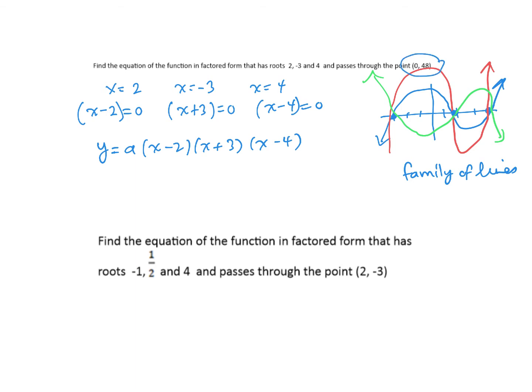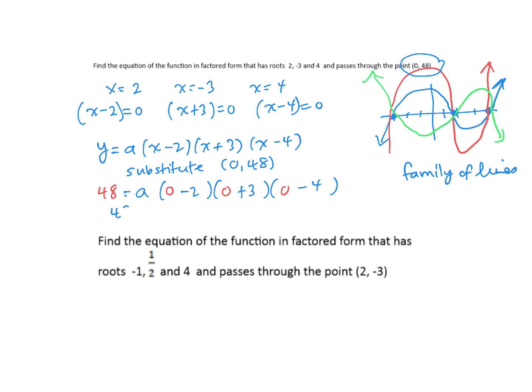And they do give us a point that's on the line. So we're going to substitute that point into the equation so that we can determine the stretch. Let's just do it in red. I'm going to put 48 here, and then I'm going to find the value of a when x is 0. So I'm going to put a 0 in for all these x's, and y is 48.